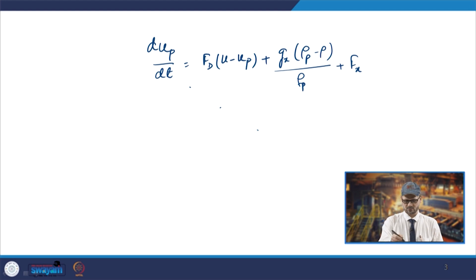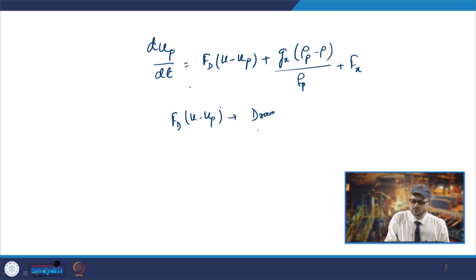Now this Fd will be in terms of the Reynolds number and the CD, its coefficient. Normally this Fd into (u minus up) is known as the drag force per unit mass.